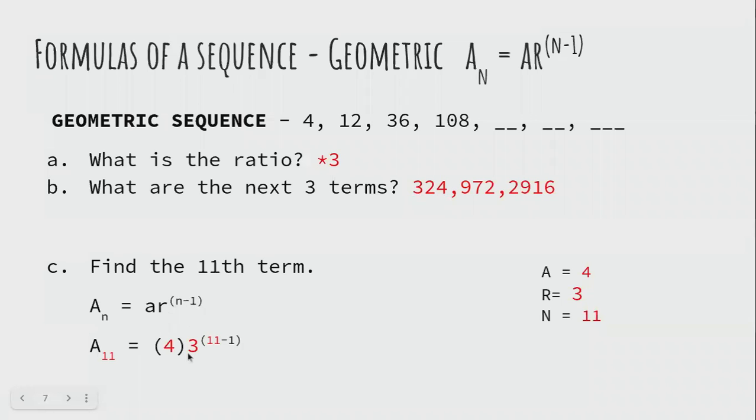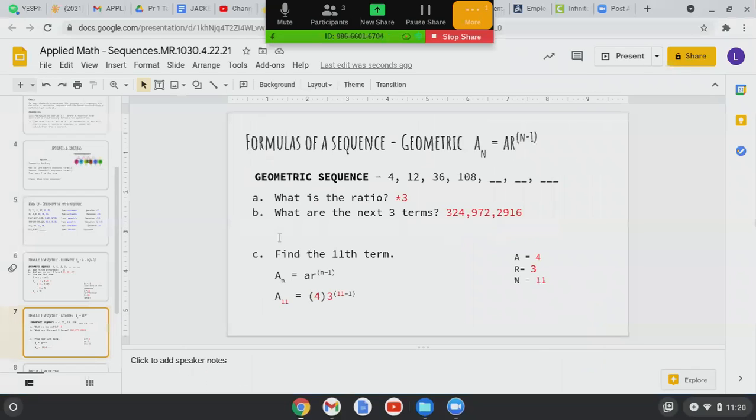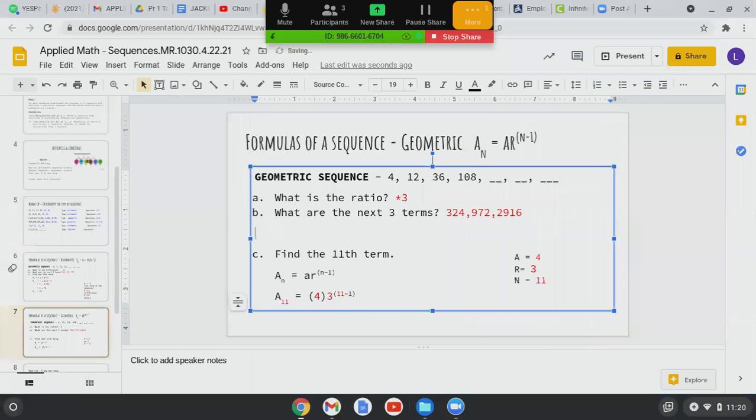So all of that means the 11th term is equal to 4, which we found as our value of A, times 3 raised to this power. Order of operations says we do parentheses, then exponents.